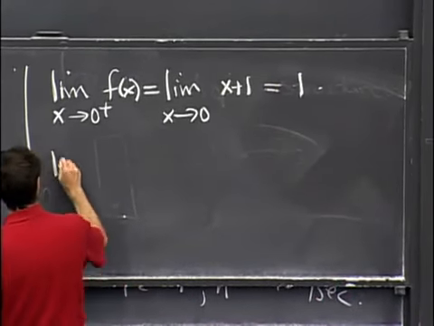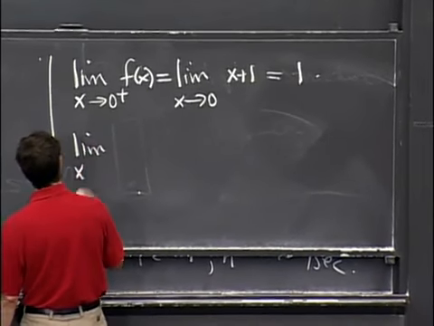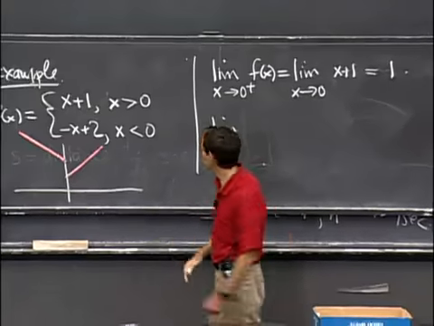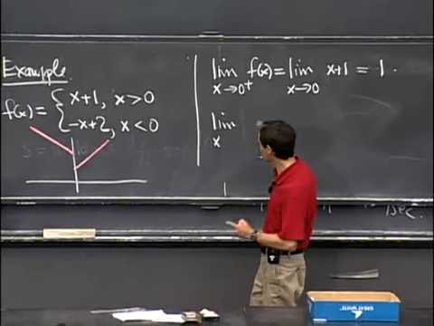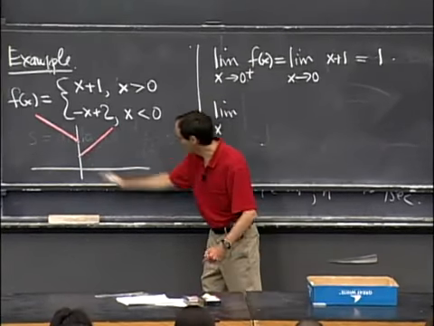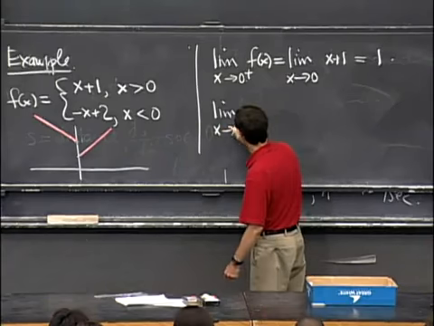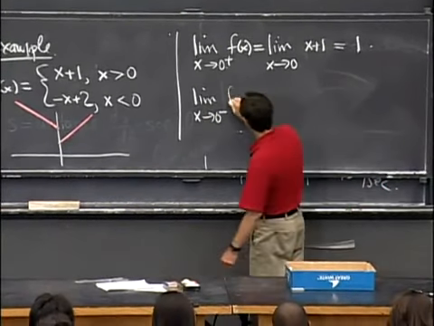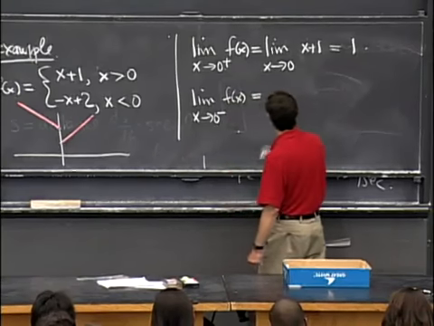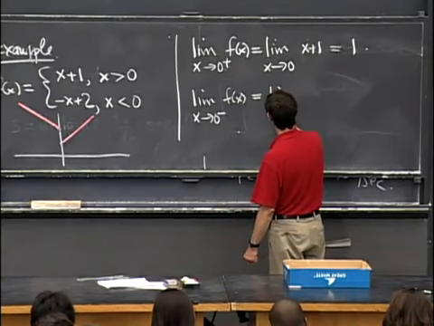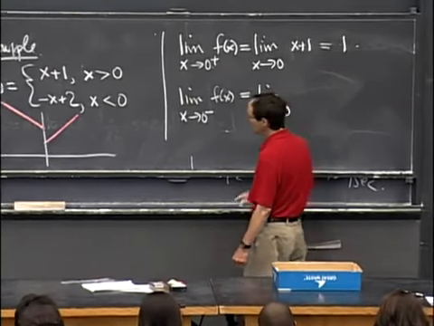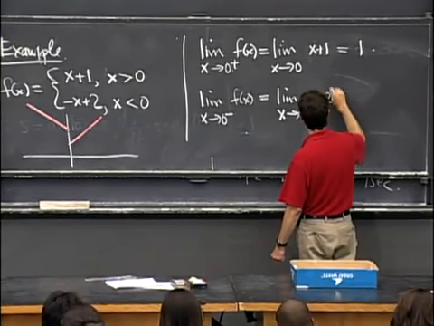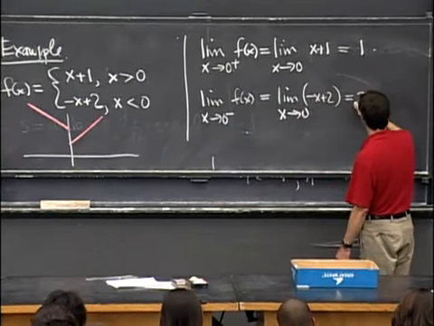And if I take the limit from the left, so that's the left-hand limit, that's this, yeah, I told you I was dyslexic. Right, this is the right. So it's that right half. Here we go. So now I'm going from the left, and it's f of x again. But now, because I'm on that side, the thing I need to plug in is the other formula, minus x plus 2. And that's going to give us 2.